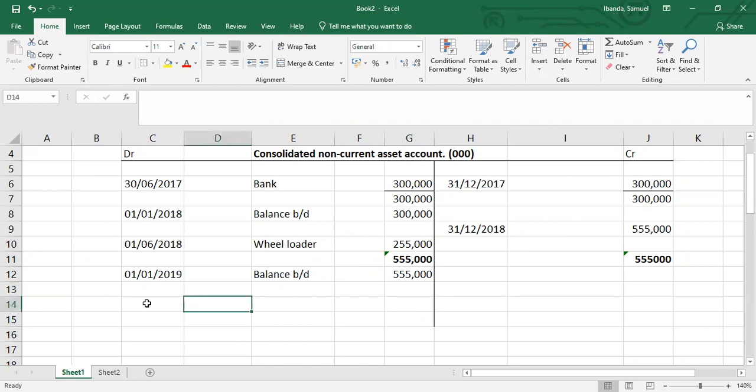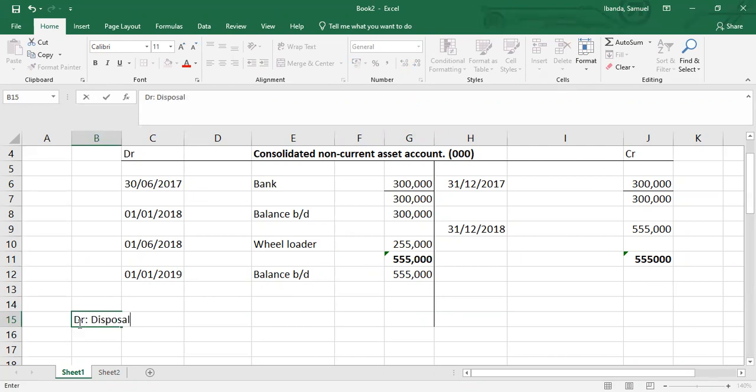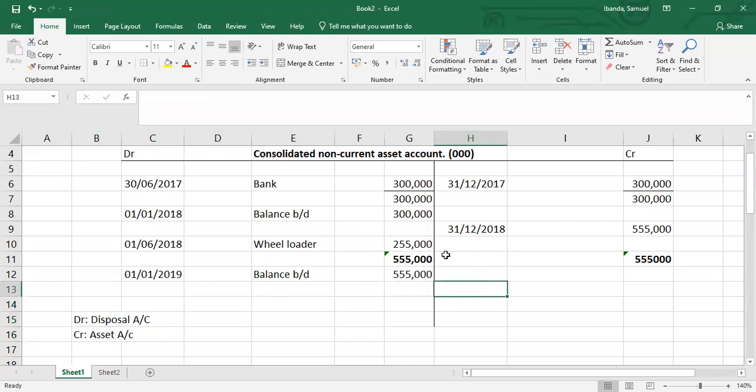So in writing off this asset, I'm going to debit my disposal account, and then I'll credit the asset account. So that is what I'm going to basically do. I credit the asset account because I want to write off the wheel loader.